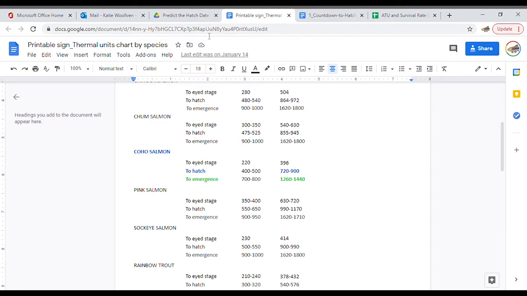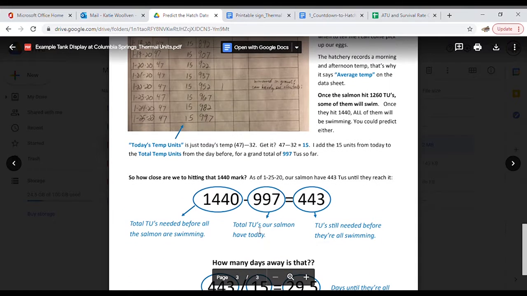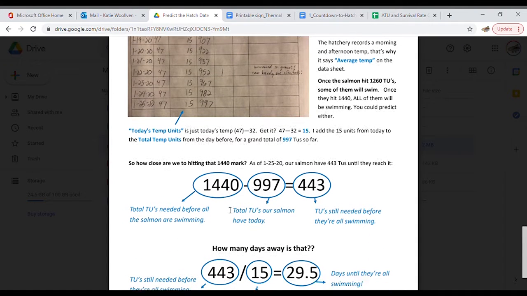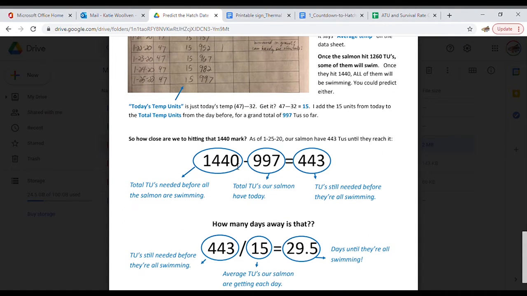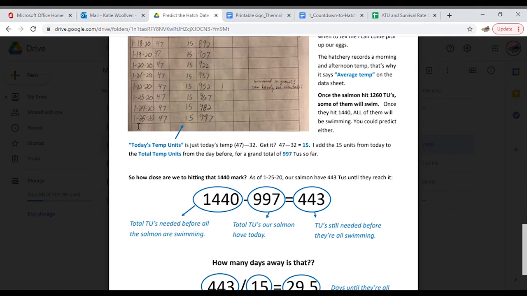Okay, so for this example, this is using last year's data. I'm going to take that 1,440, that upper range when all the salmon should be swimming, and let's take an example from the end of January last year. We were at 997 thermal units, and so if I subtract that, I know that I've got 443 temperature units left to go until all of my fish are swimming around.